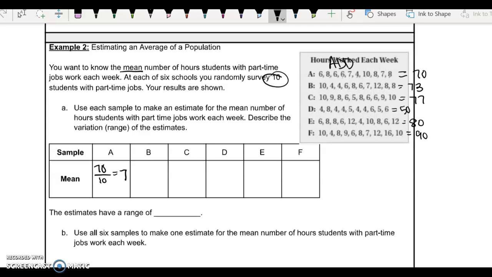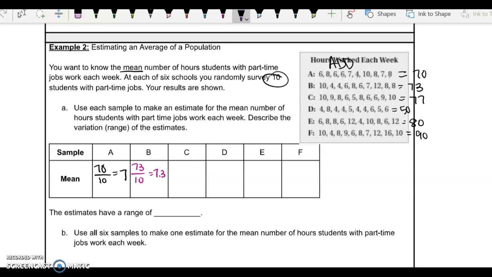So our average at school A would be that students with a part-time job on average work about 7 hours. So for school B, we had 73. So we do 73 divided by 10, and we get 7.3. So at school B, on average, they work about 7.3 hours per week.